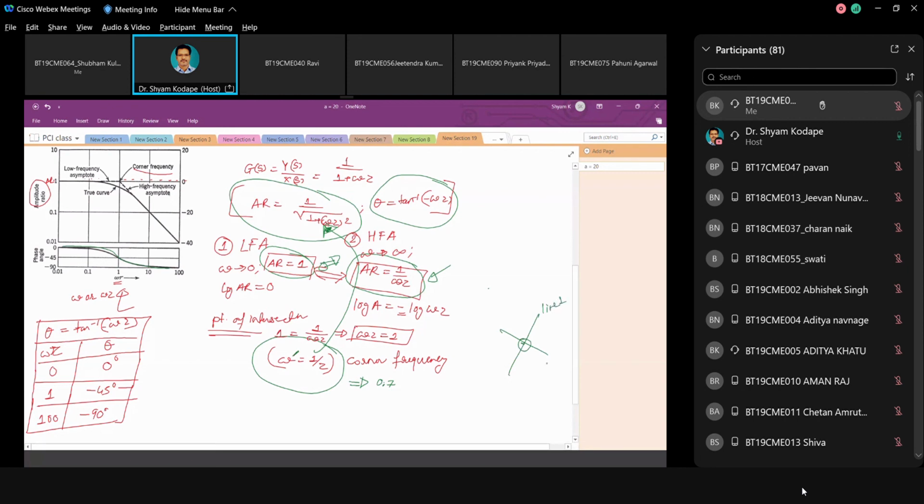This is line 2. This point is nothing but where the equation of this line equals the equation of this line. So I am equating AR is equal to 1 with AR is equal to 1 upon omega tau. This is line 1, I am equating with line 2.